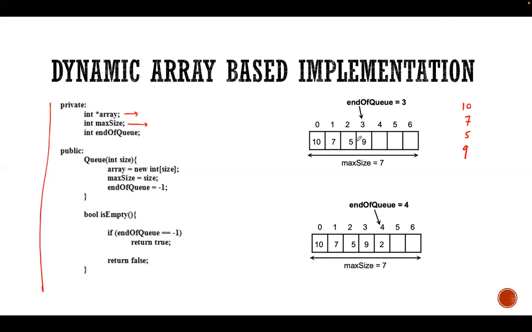Then the third item 5, then 9. Each time we are going to maintain the end of queue, which keeps track of the last item in the queue. If there is only one item, 10, then end of queue, I'm just writing the shortcut name, will be 0. By using the index 0, we'll know that 10 is our last item.